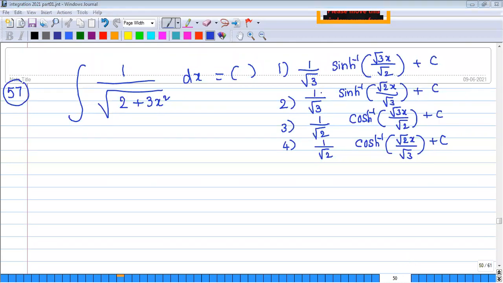Welcome. So now this problem should be done using standard formulae we have. One of the standard formulae that we shall discuss now.